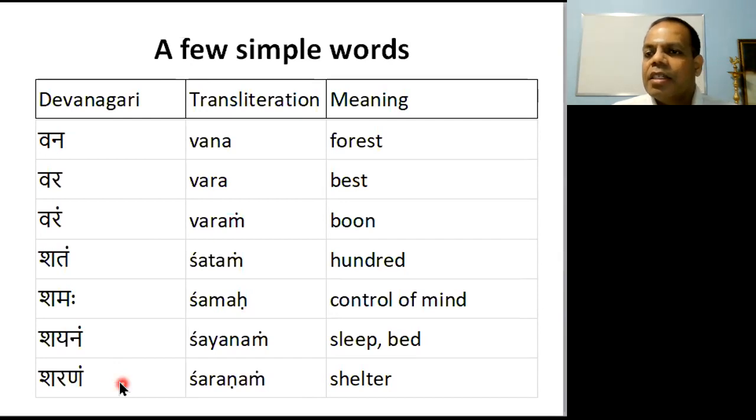The next word is sharanam. Sharanam means to take shelter, to take refuge. Earlier we used the word charanam. Charanam is feet. Sharanam means to take refuge, so there is a lot of difference between the two. In bhajans, sometimes people use them interchangeably, but you need to understand the meaning of the word you're saying.